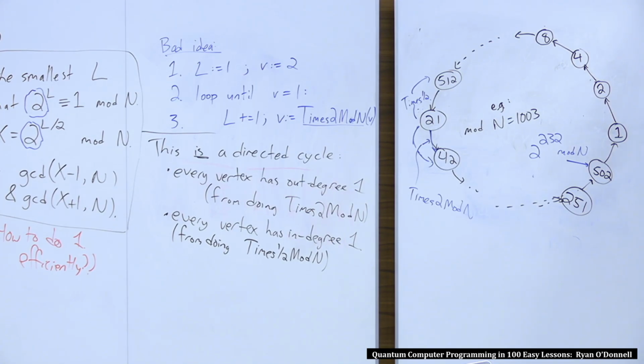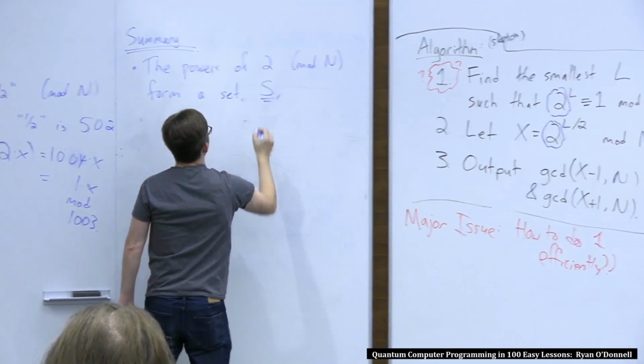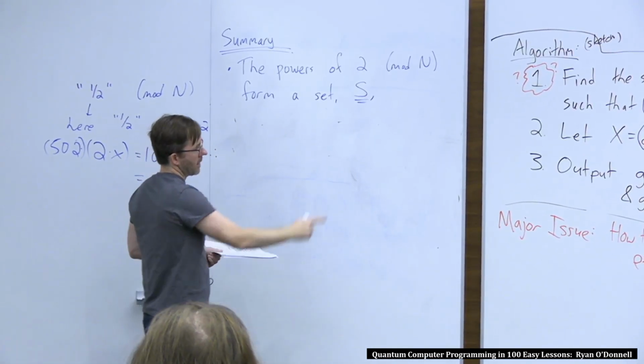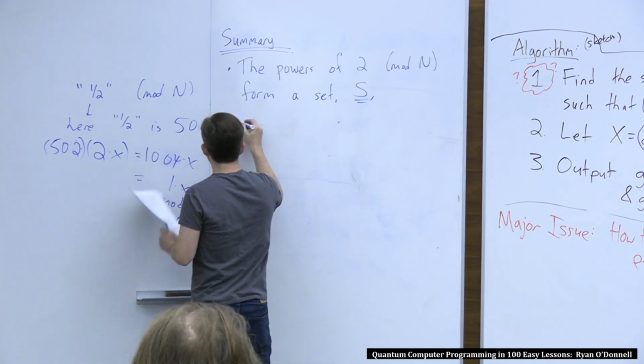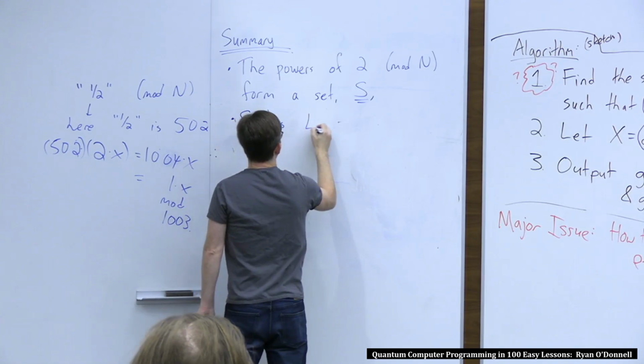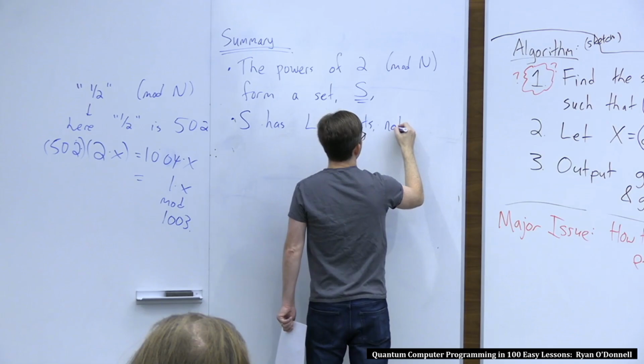Given n, the powers of 2 mod n form a set, which I'll call S. In this case, S has 6 elements. In general, S has L elements, which we can naturally arrange on this cycle.